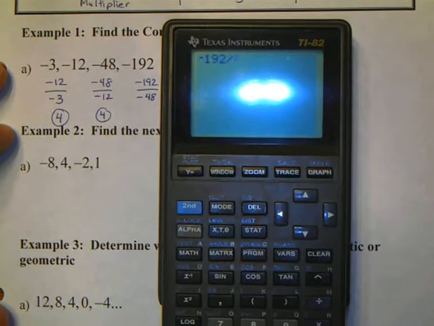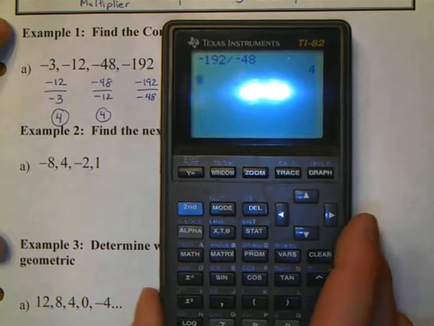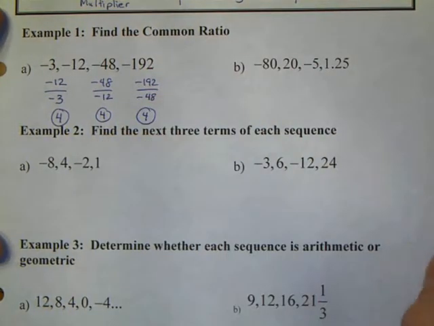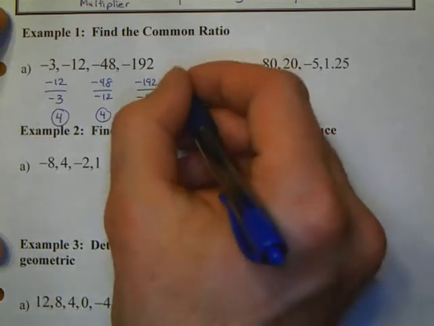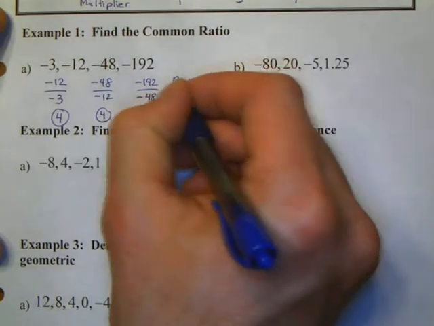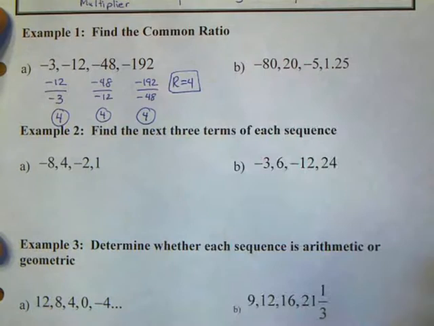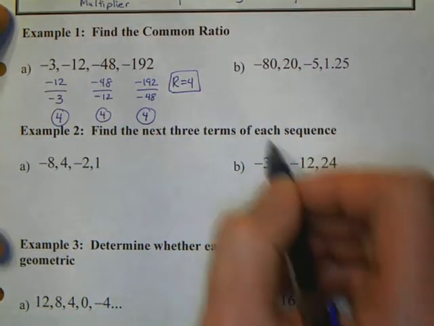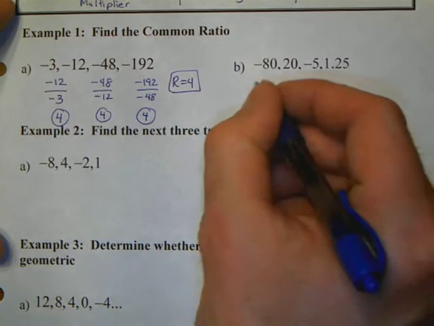Our next problem, we have numbers alternating with positives and negatives. But we're still going to take the same pattern. What is 20 divided by negative 80? Well, we reduce that. That's negative 1/4. Now we look at the next one. Negative 5 over 20. Reduce that. Once again, negative 1/4.